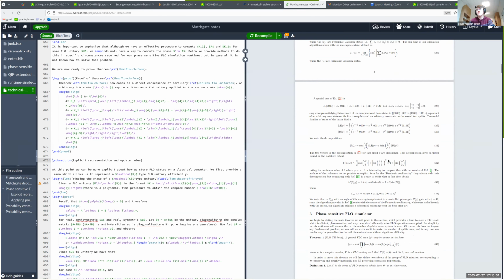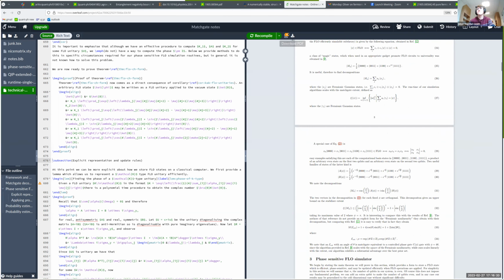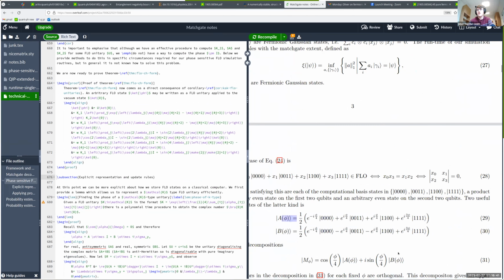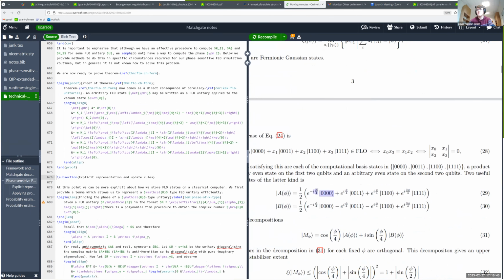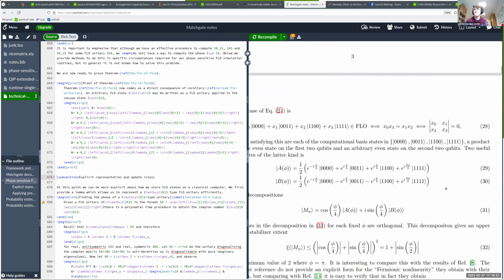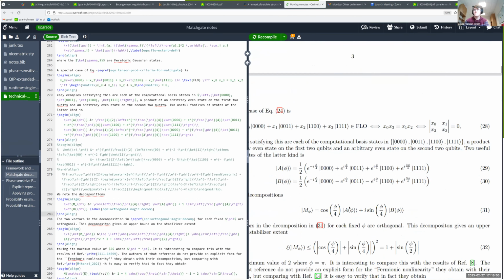Here we have M, A, and B. They're just sums of zeros and ones with some phases on them. It doesn't really matter exactly what they are. If you want them, equations 29, 30, and 31 are A, B, and M.